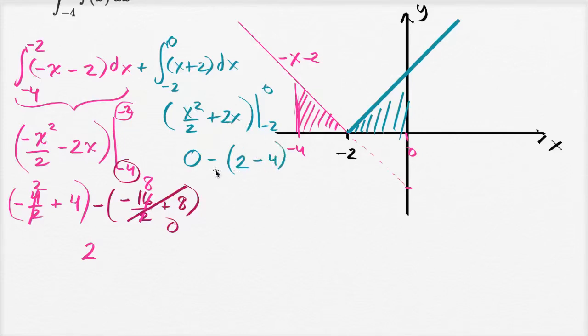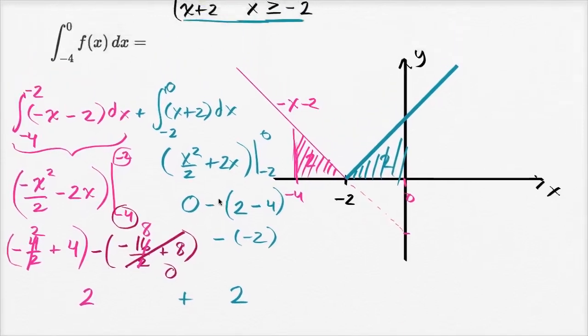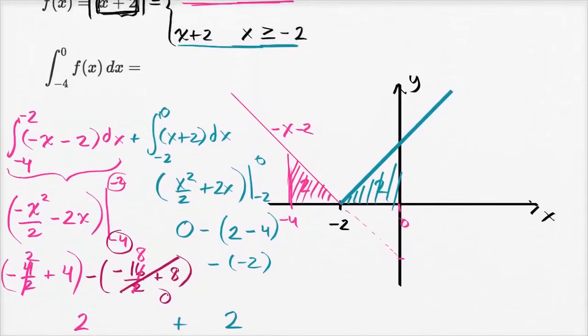And so this is going to be the negative of negative 2 or positive 2. So it's 2 plus 2. And that makes sense. That what we have in magenta here is 2, and what we have over here is 2. There's a symmetry here. And so you add them all together, and you get our integral is going to be equal to 4.